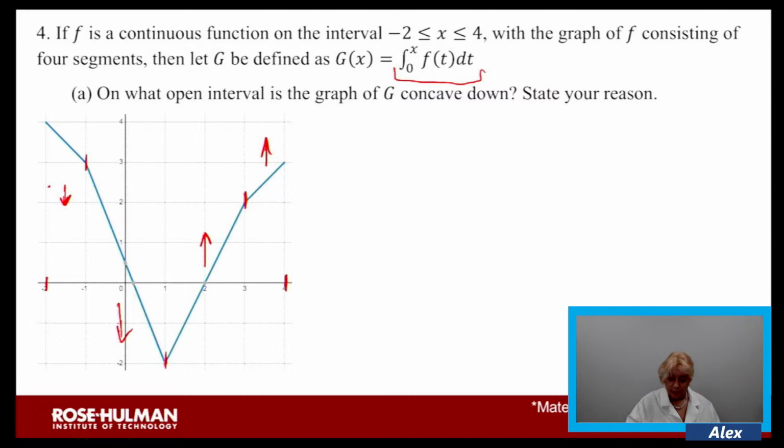Same is true for the last section, and they are not decreasing in how much they are increasing as you go from left to right, so they are not concave down. So nowhere in this graph is it concave down, because the slopes are constant.